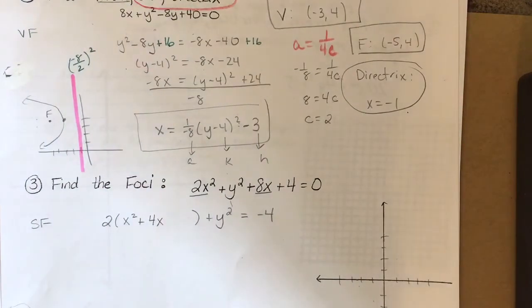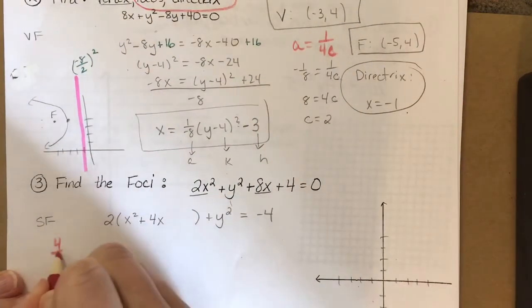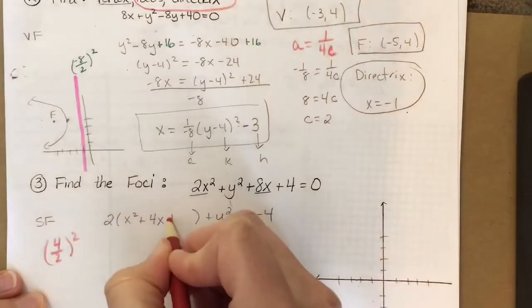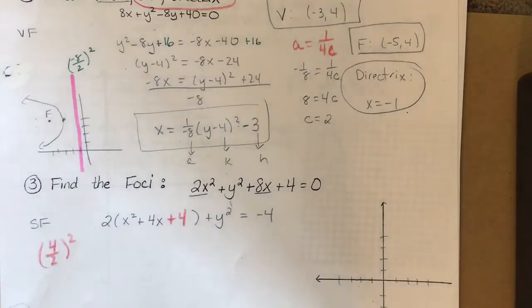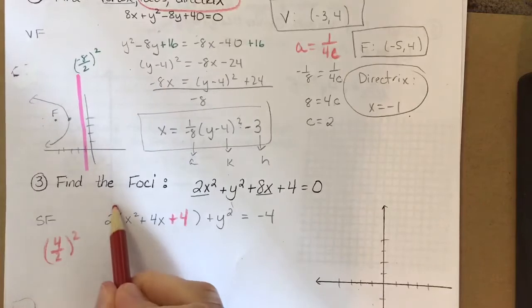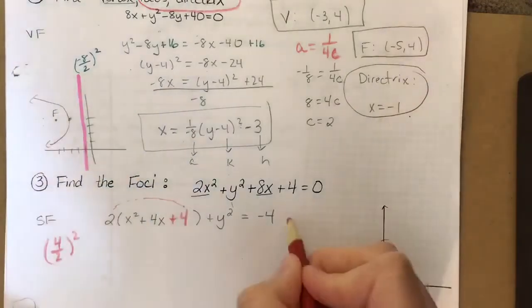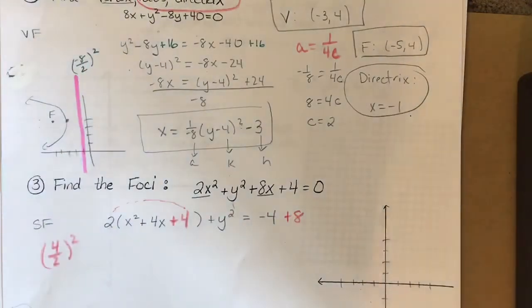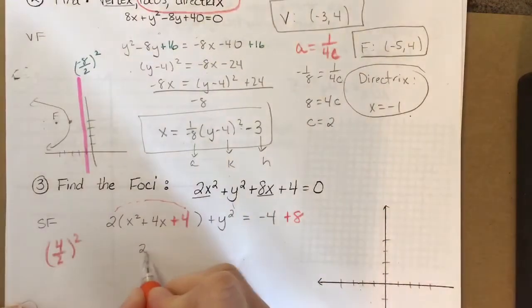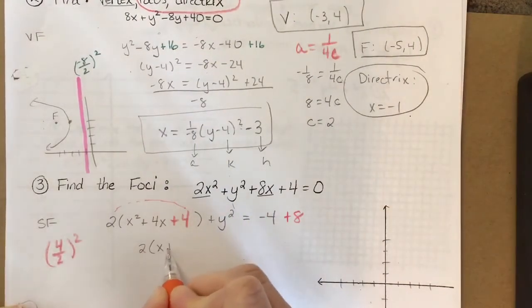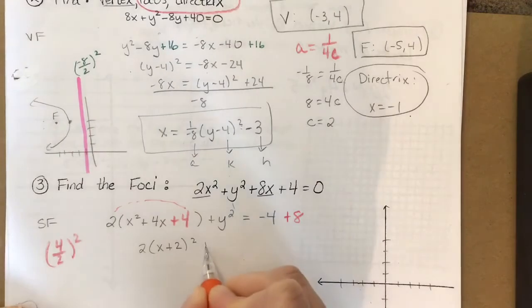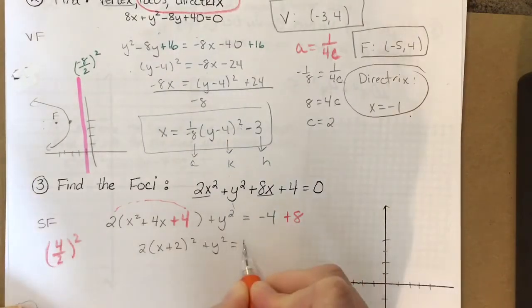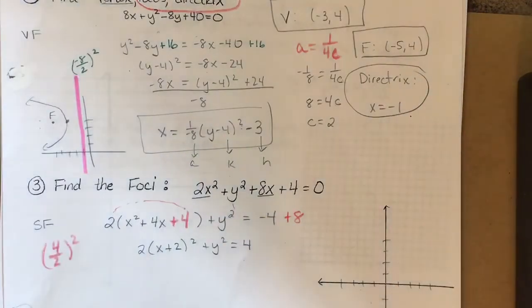Now I'm going to take b, divide by 2 and square it, and that means I'm going to add 4. But did I add 4? Not quite. I really added 2 times 4, so I need to add 8 to the other side. So I get 2 times x plus 2, quantity squared, plus y squared. On the other side, negative 4 plus 8, 4.